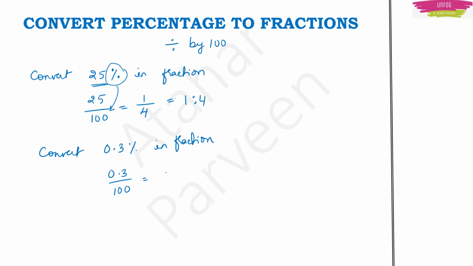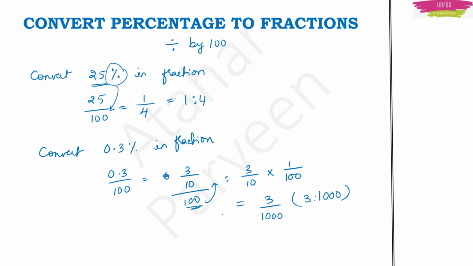You can write 0.3 as 3 by 10, right? 3 by 10 divided by 100. Now this 100, if you want to take it to the side, it will become reciprocal, 1 by 100. So 3 by 1000 will be your answer, or 3:1000 will be your answer.